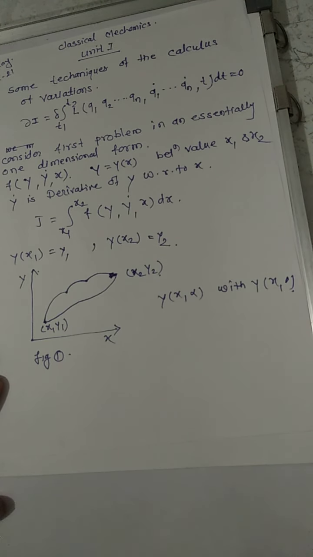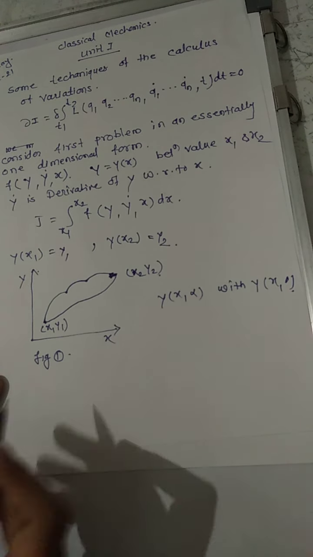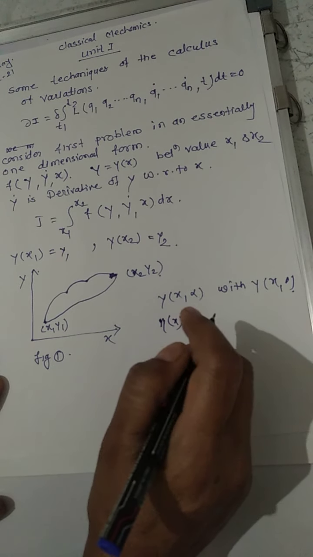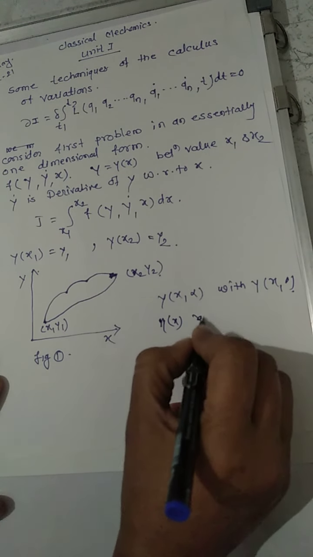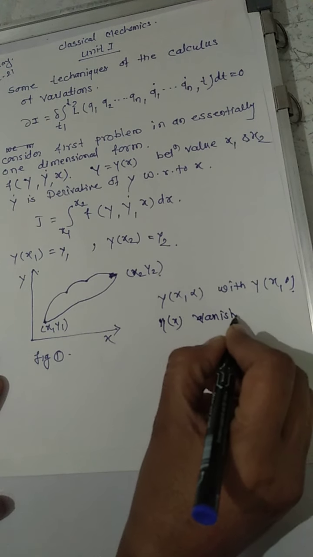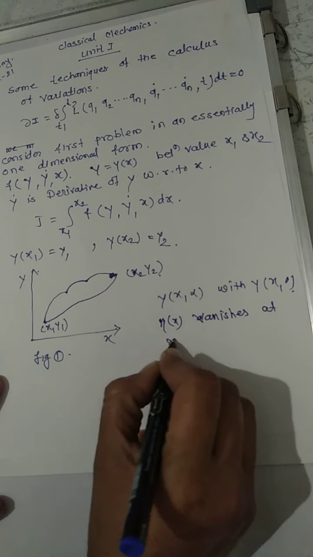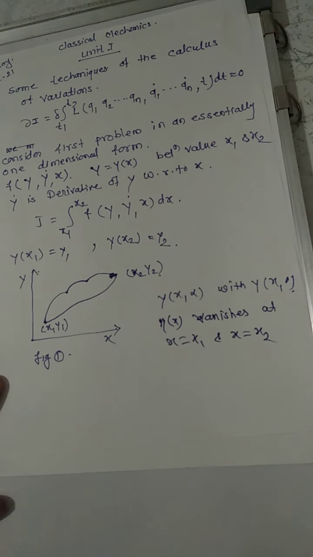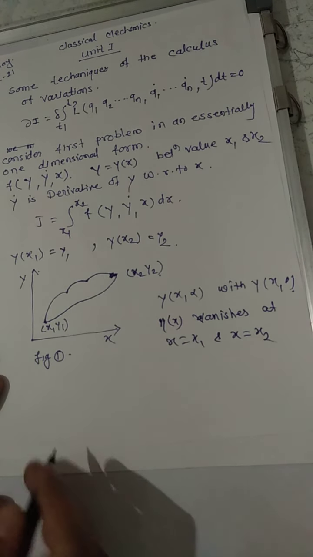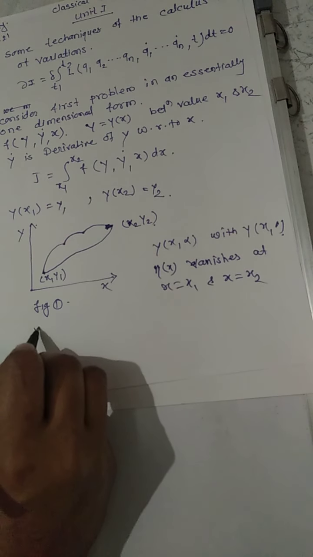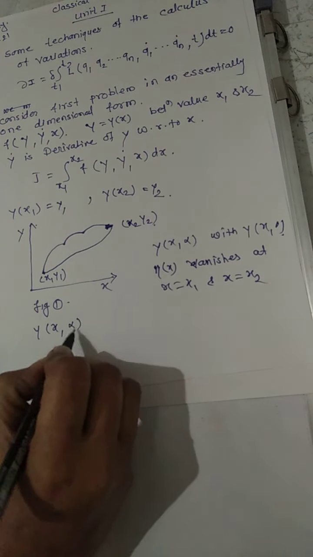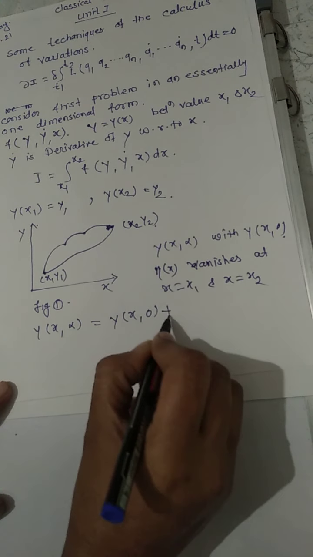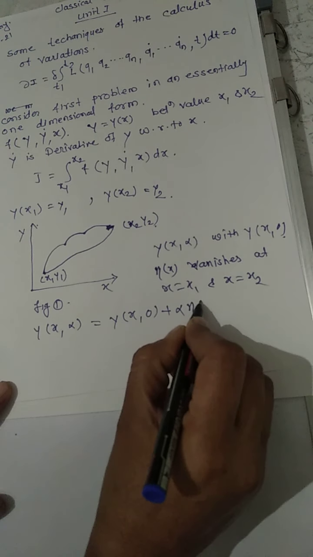For example, if we select any function eta of x that vanishes at x is equal to x1 and x is equal to x2, then a possible set of varied paths is given by y of x, alpha is equal to y of x, 0 plus alpha into eta of x.